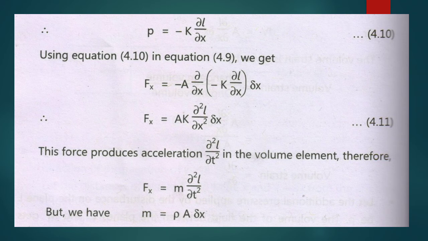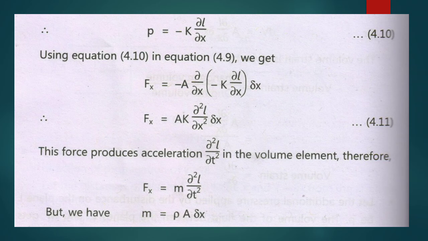Now substituting the value of P in the equation for Fx, we get Fx equal to minus A ∂/∂x of (minus K ∂l/∂x) into delta x, which equals AK ∂²l/∂x² into delta x. Now this force produces acceleration ∂²l/∂t² in the volume element.